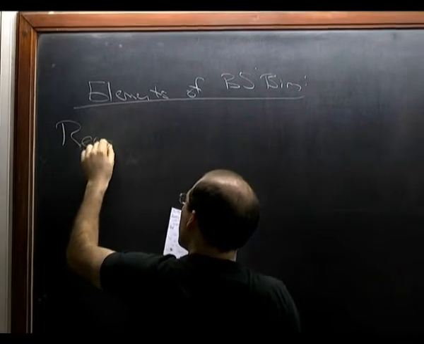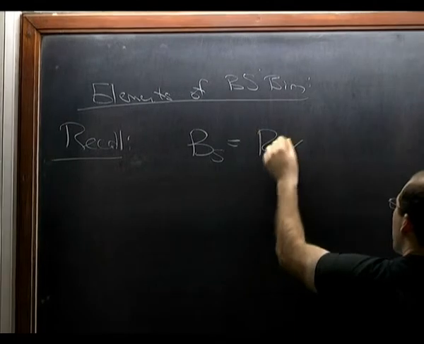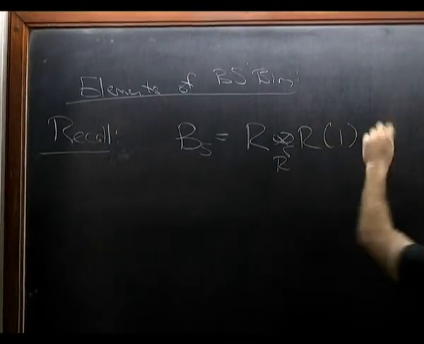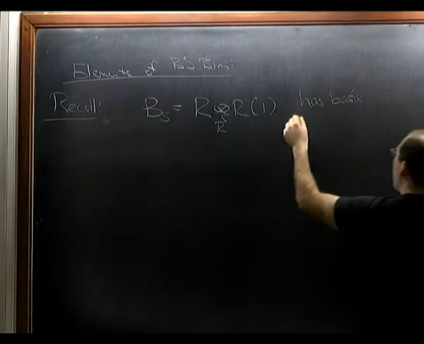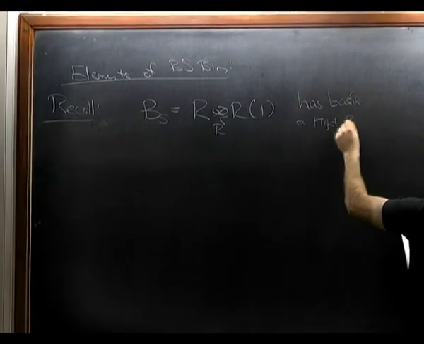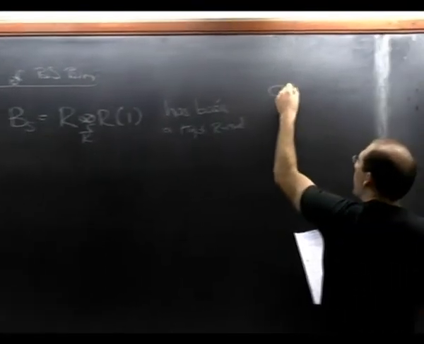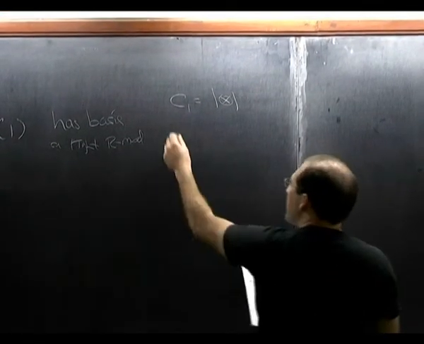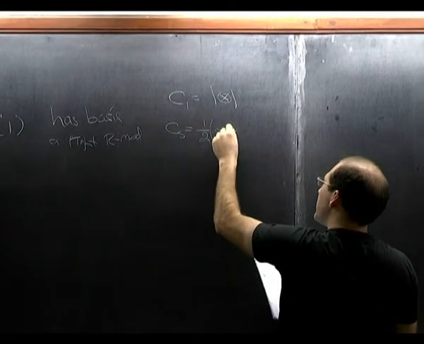So recall that we had BS, which is R tensor over R^s tensor R, with a shift, and this has a basis as a free right R module. I chose right arbitrarily, could have chosen left, given by C1, which is 1 tensor 1, and CS, which is this coproduct element.